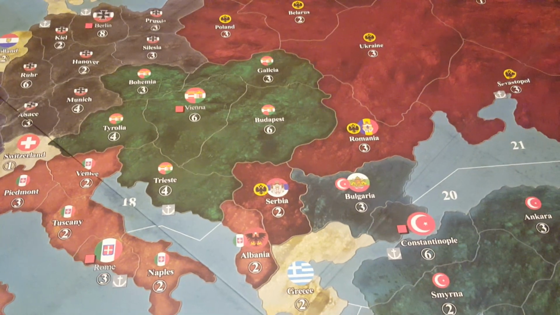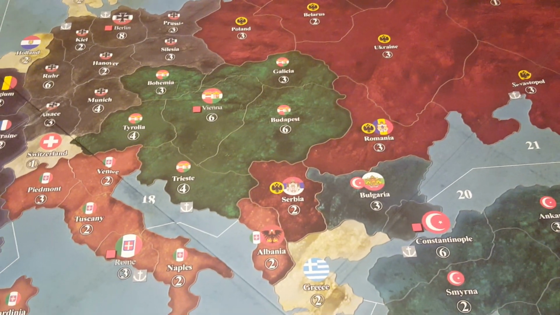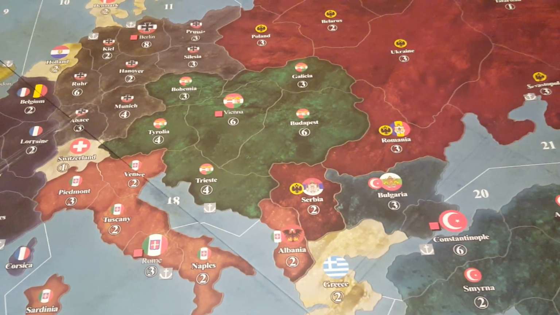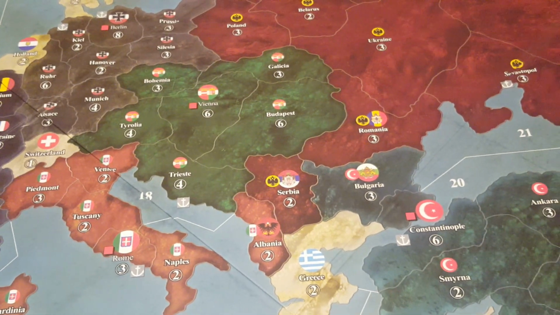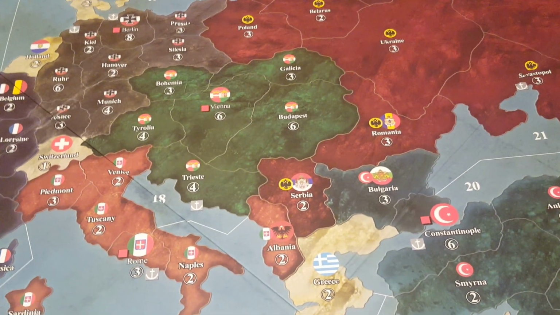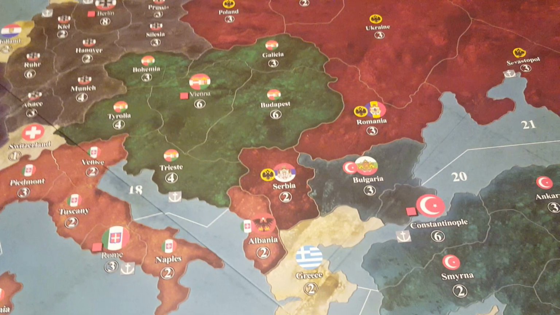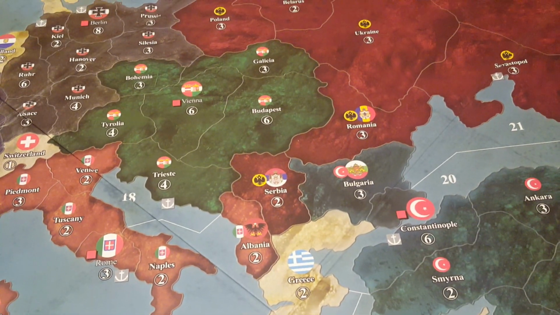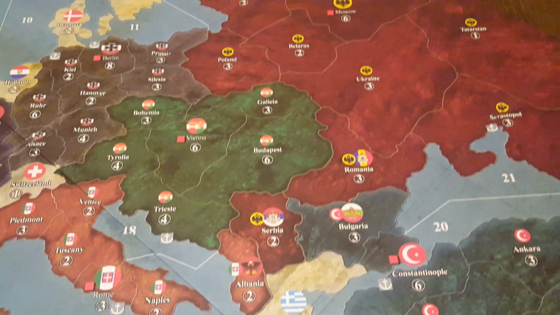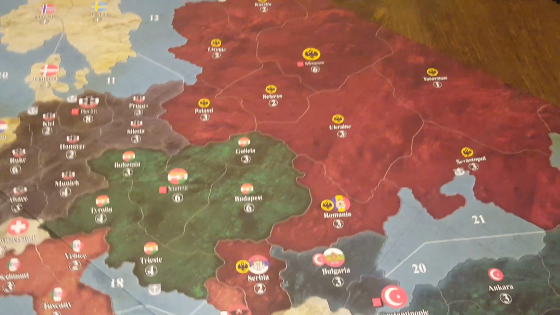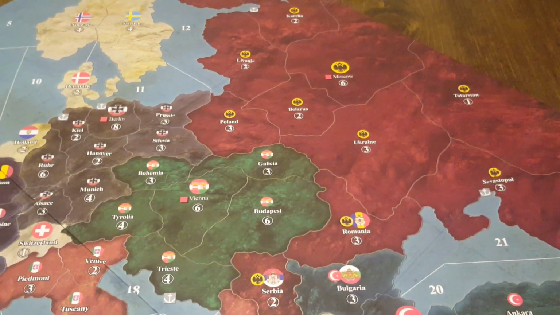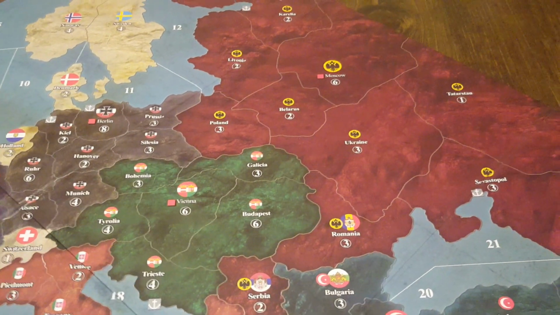Now, if the Central Powers are currently contesting Russian territories at the time the revolution is triggered, Central Powers can freely move into or out of those territories. Now, if they totally move out, then they're not really contested anymore, and they would not be able to move in and out of them.